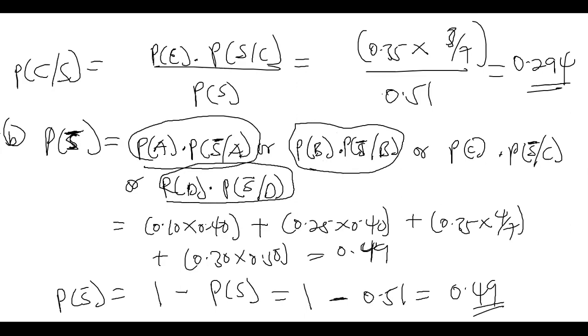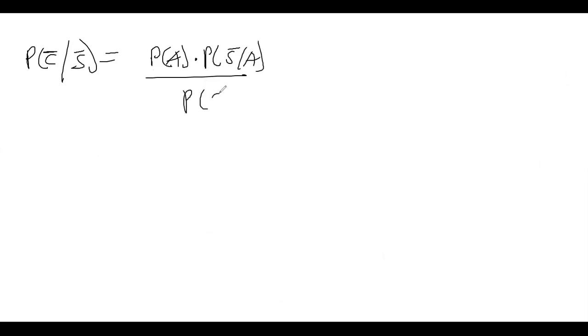Based on Bayes theorem, the probability that it is not a 3-star given that it has not improved its share price, it could be that it's a 5-star situation, so this is the probability of A times the probability of not S given A, all over the probability of not S.